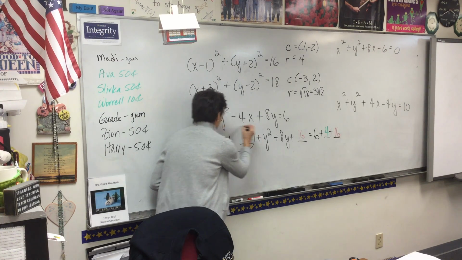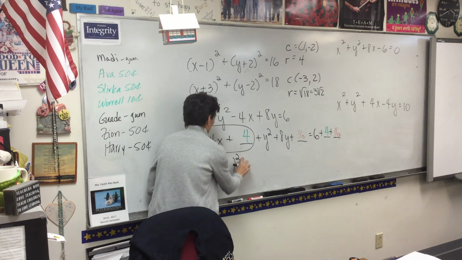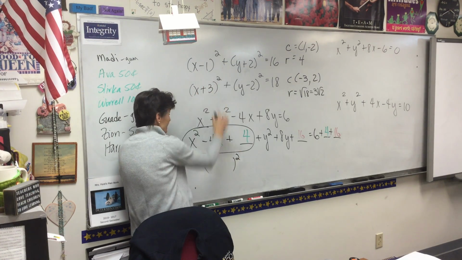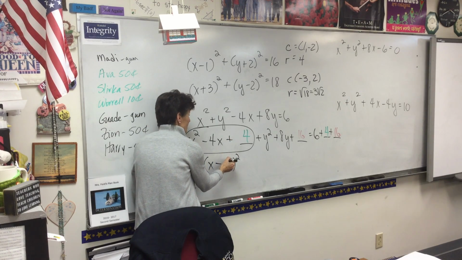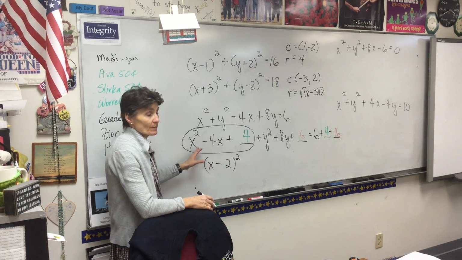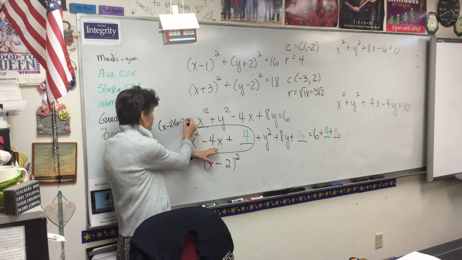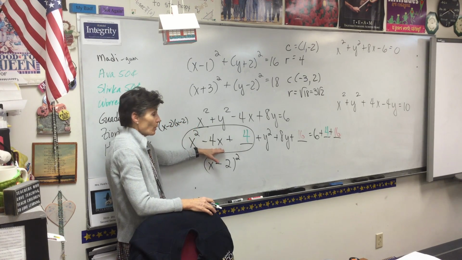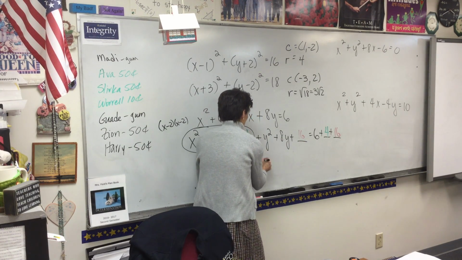Well, this guy right here can be factored into something that looks like this, a perfect square. This is x minus 2 squared. If you factored this, it would be x minus 2, x minus 2. It's x minus 2 squared, plus, what's this one?